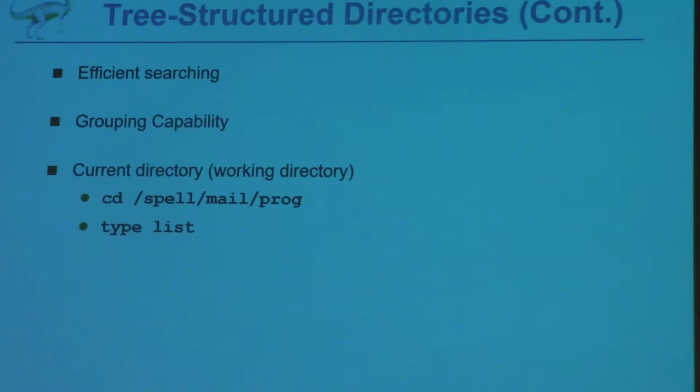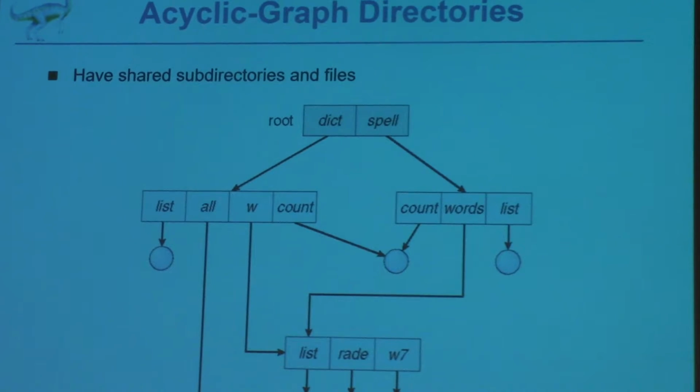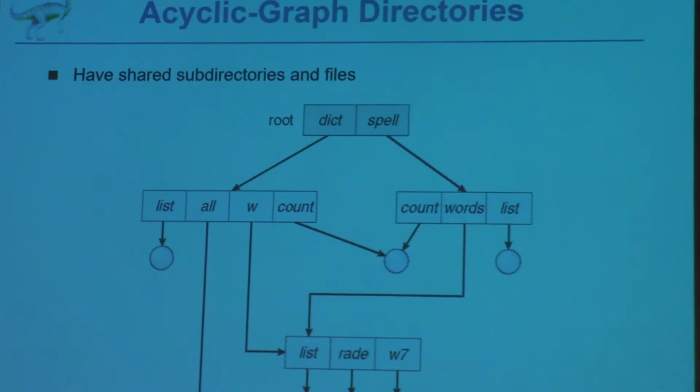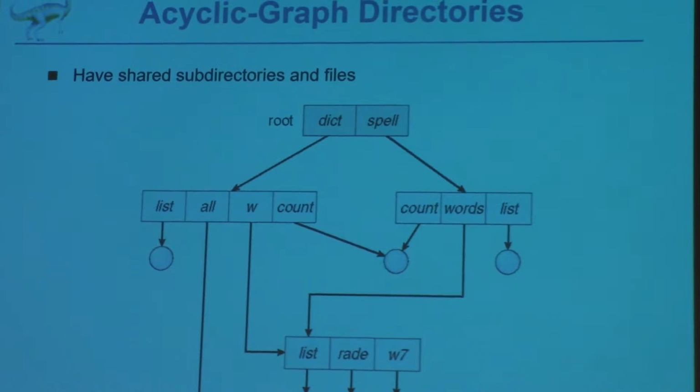So to address that one, I don't have to explain how to access this one, you already know. Okay? But to address this one, we can define the acyclic graph. So graph is different from the tree. It doesn't have the root. Why? Because we can consider the graph structure, each node has a thing. For example, here, even this one can share the count.